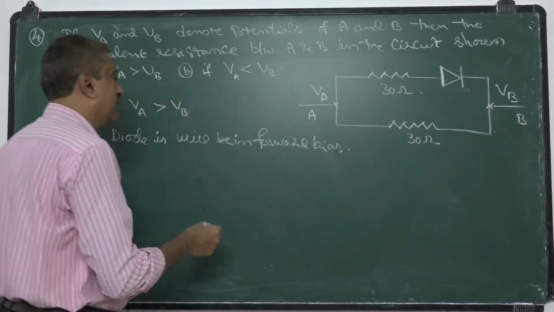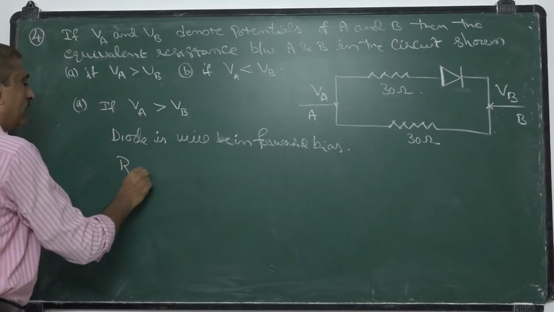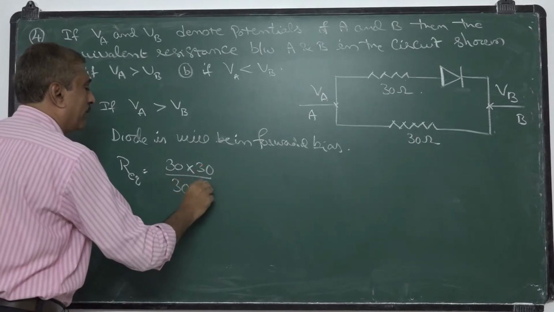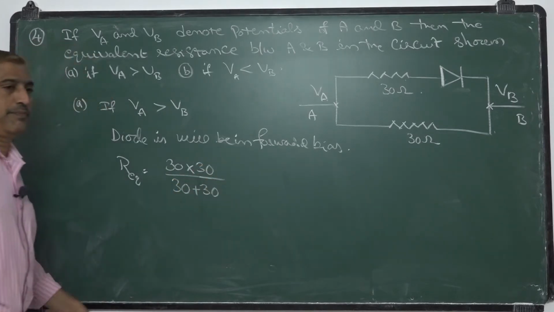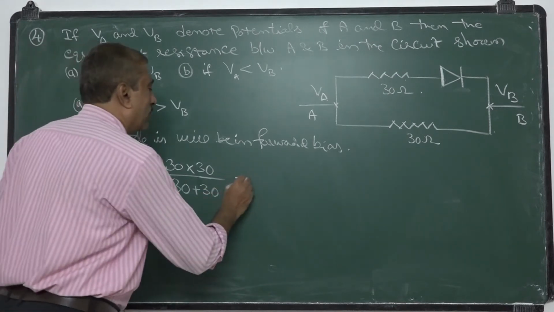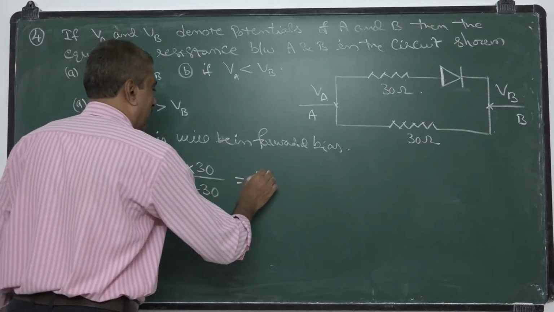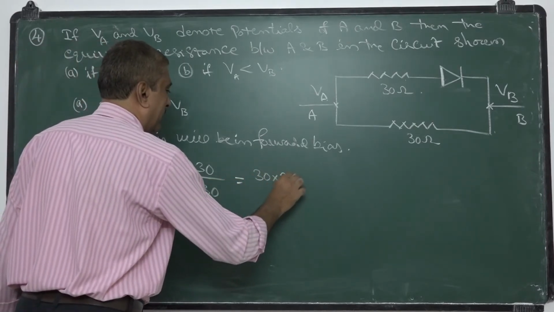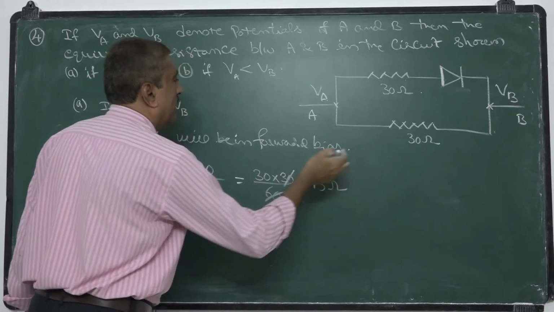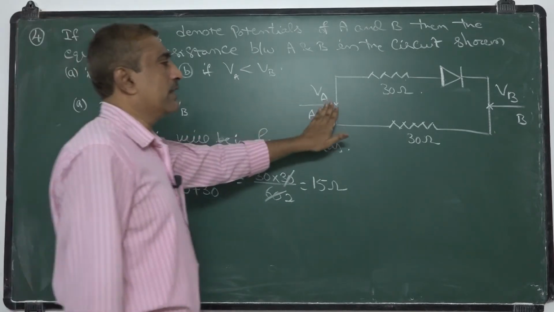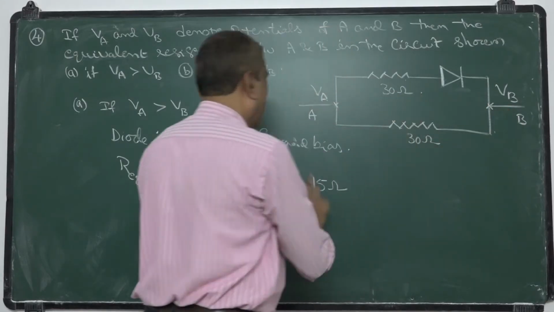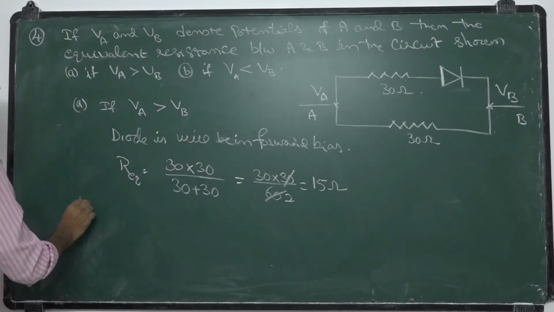So the equivalent resistance R equivalent becomes 30 into 30 by 30 plus 30, which is 30 into 30 by 60, that is 15 ohm. That means if VA is greater than VB, the equivalent resistance between the two terminals A and B is 15 ohm.